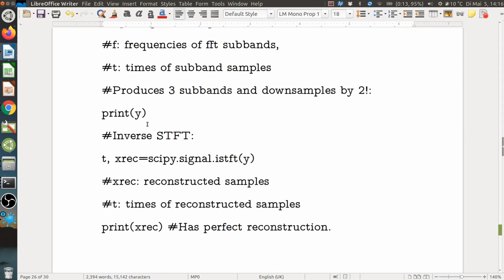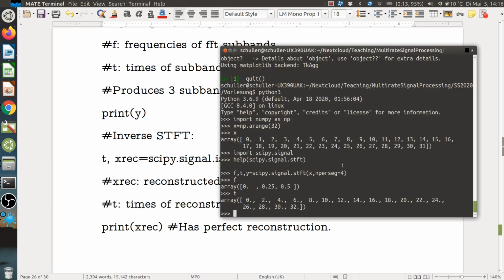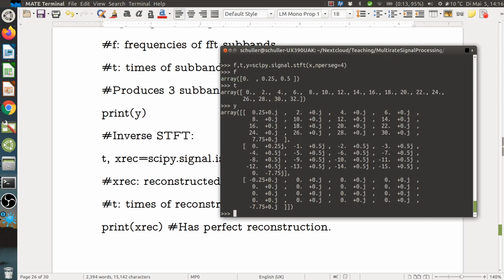Yeah, we already looked at y. No, we didn't look at y. So let's do that. We don't need the print because we are in interactive mode. So here we can see the result. We have a matrix, and here we can see the output of the DFTs.